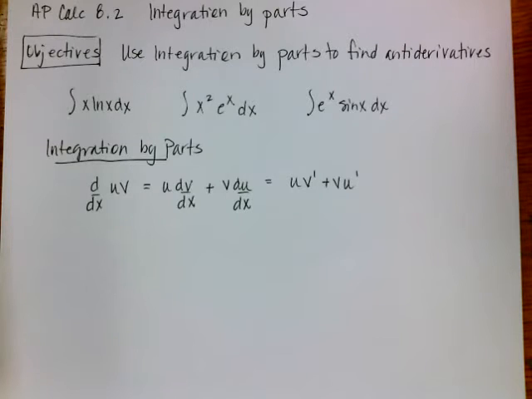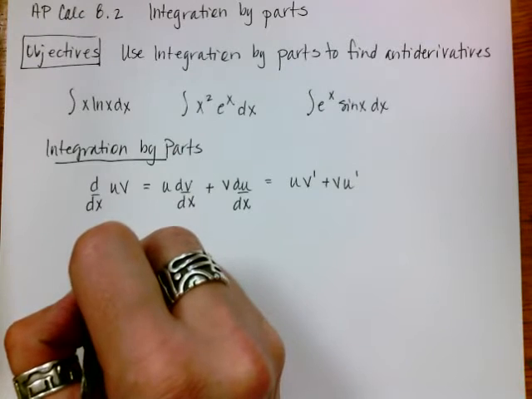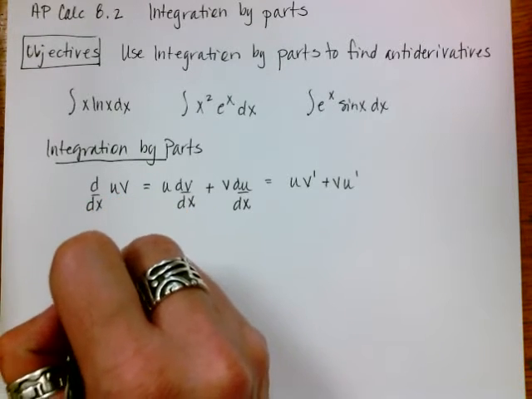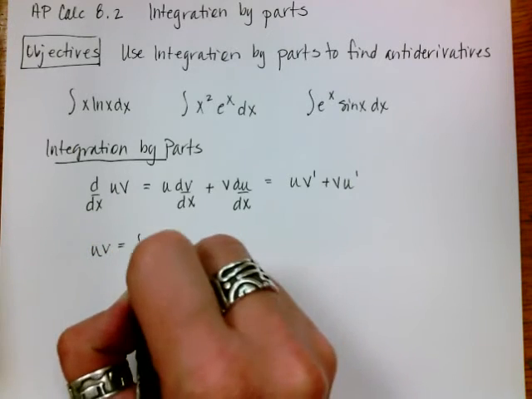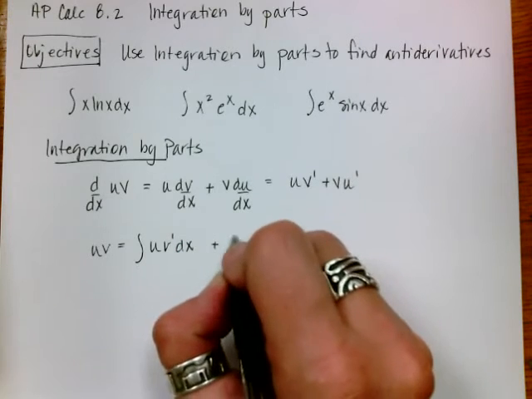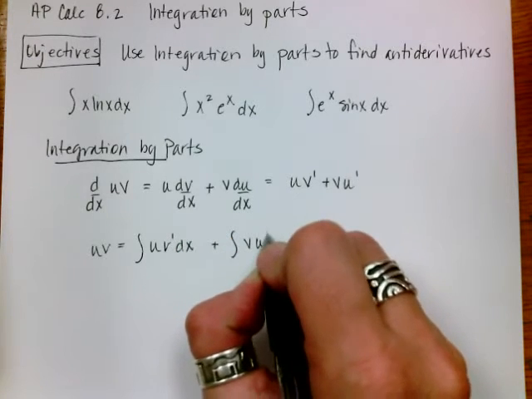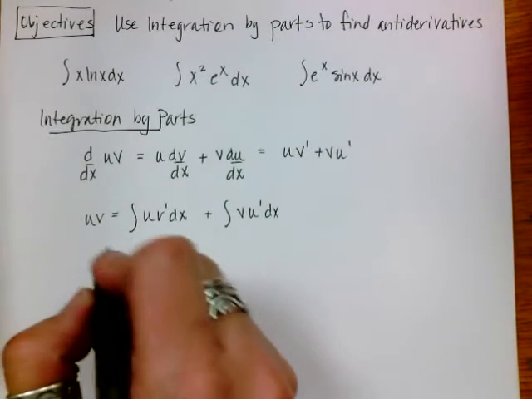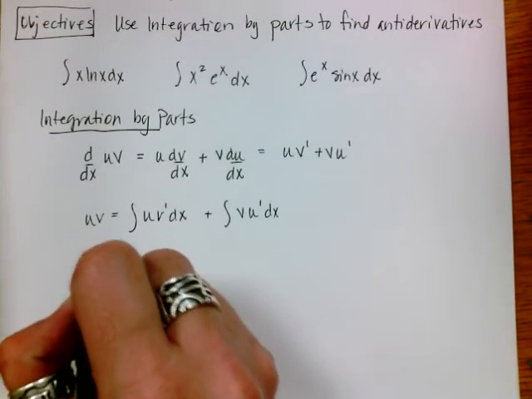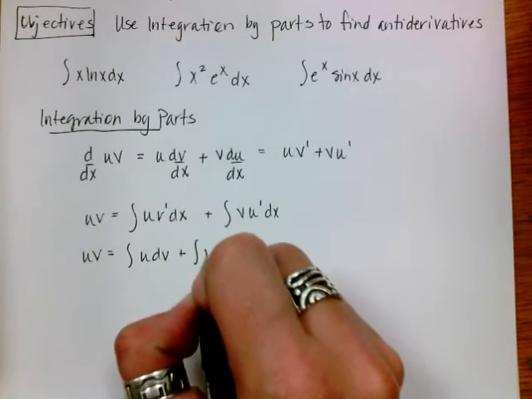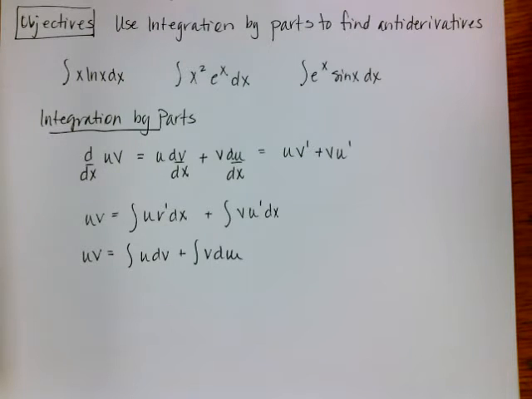So if both pieces are continuous, then I can integrate both pieces, alrighty? So if I integrate this, remember that I would get back u v is going to equal the integral of u v prime dx plus the integral of v u prime dx, okay? And then I could also rewrite this as uv is equal to the integral of u dv plus the integral of v du, okay?